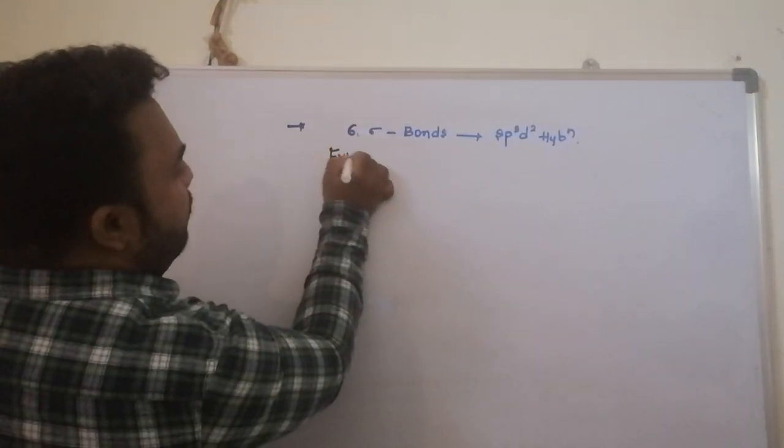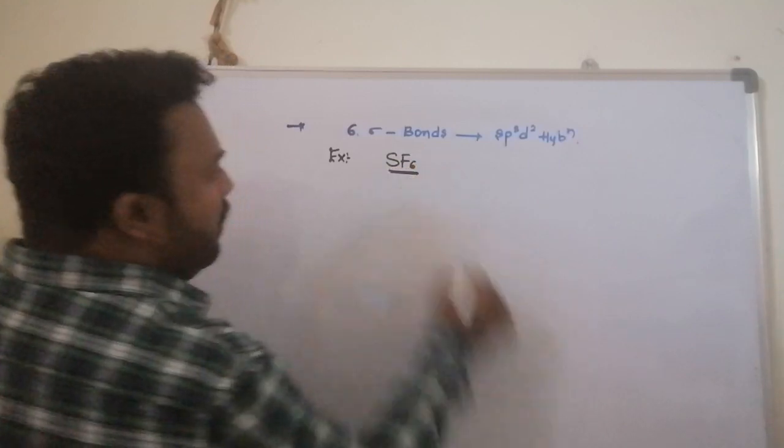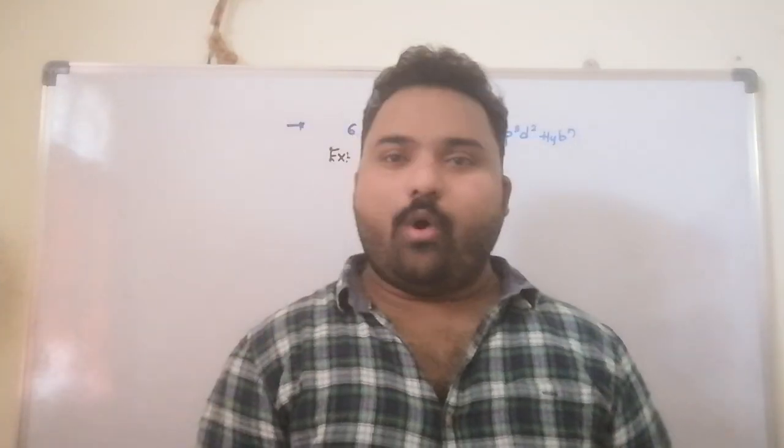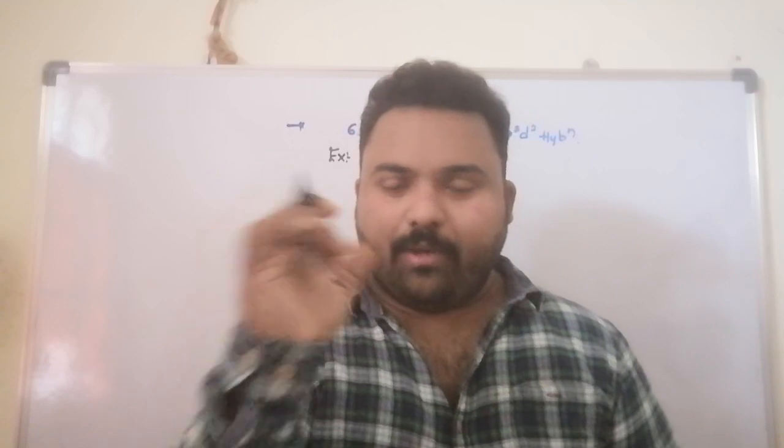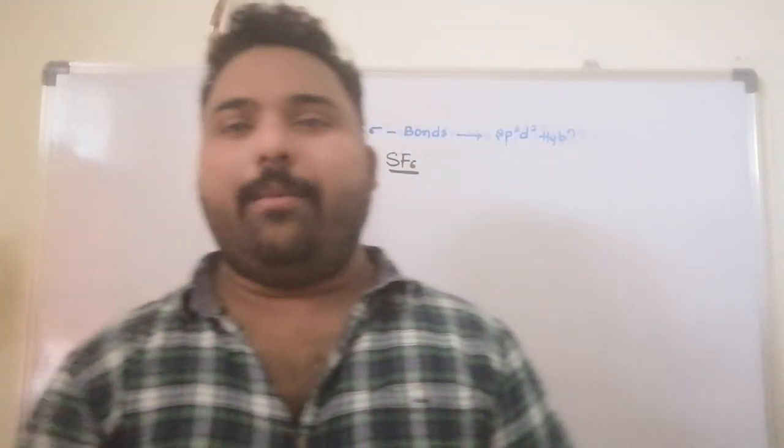The best example for this is the SF6 molecule. In that, sulfur is the central atom which undergoes sp3d2 hybridization.